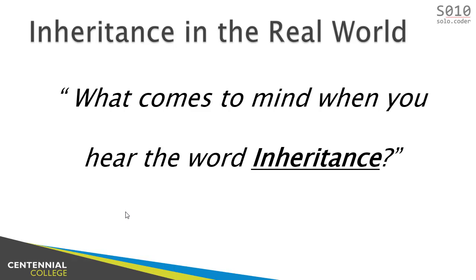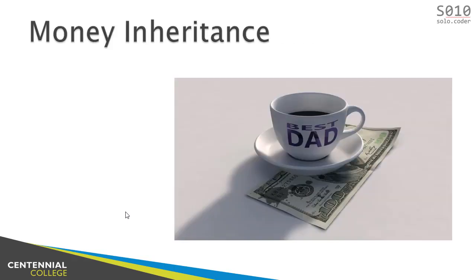Reusability. Okay, inheritance in general doesn't need to be applicable only to coding. If you hear the word inheritance out in the wild, it might be talking about what? Money, cash. It might be talking about what else? Genetics. Okay?